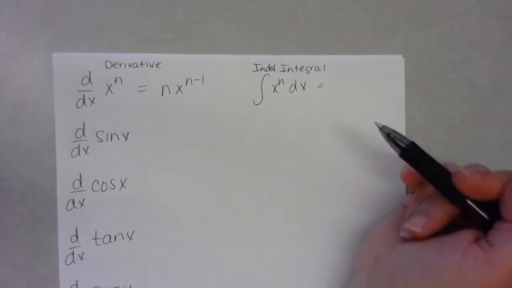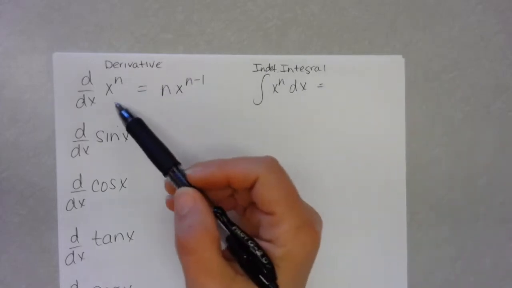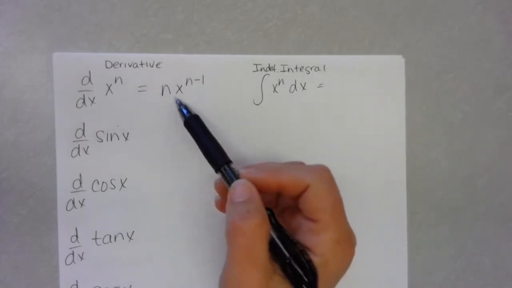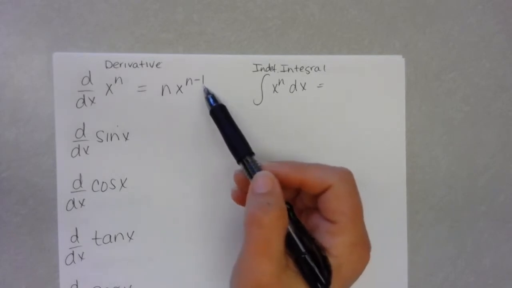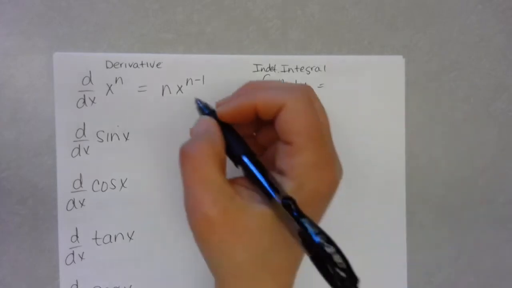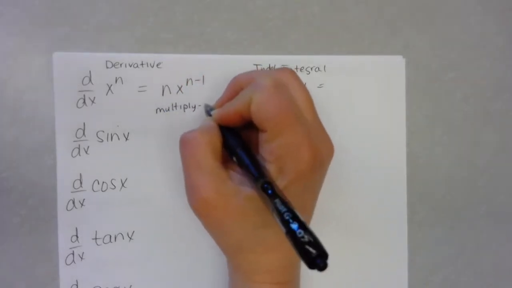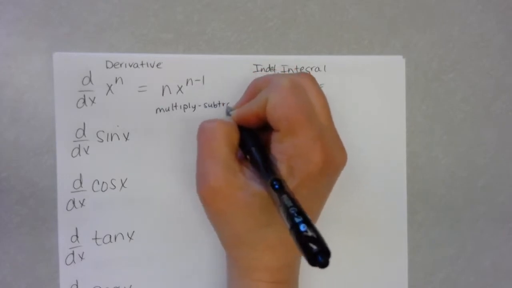We're going to go through the derivatives we know and then figure out what the antiderivative will be, okay? So we know that to do a derivative, we multiply down the power and then we subtract 1 from the power. So to go backwards, first we multiply and then we subtract, so that's this order.